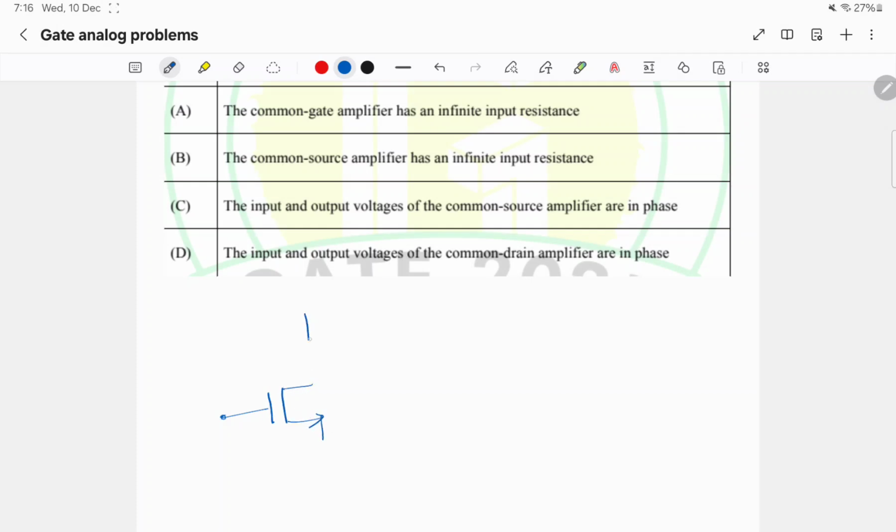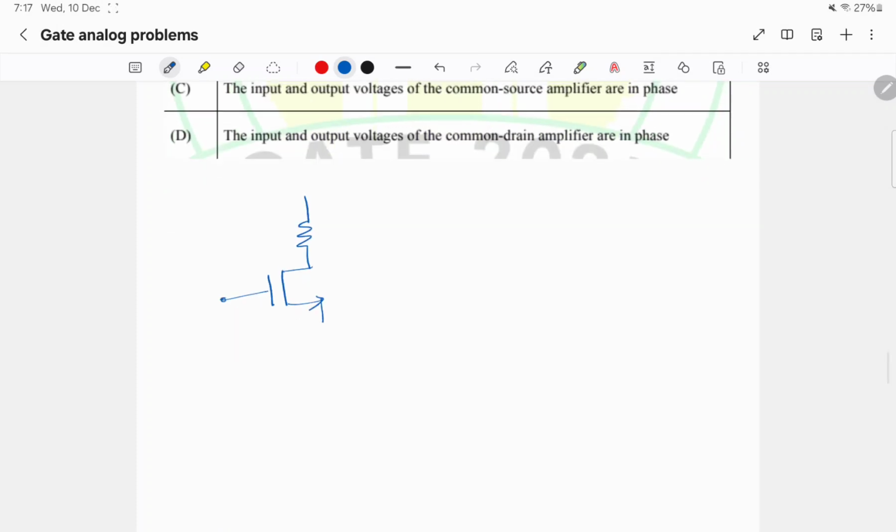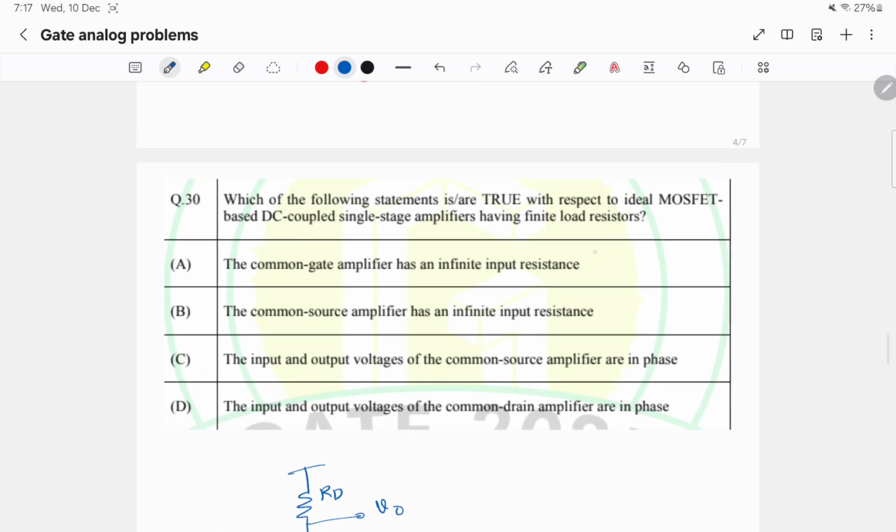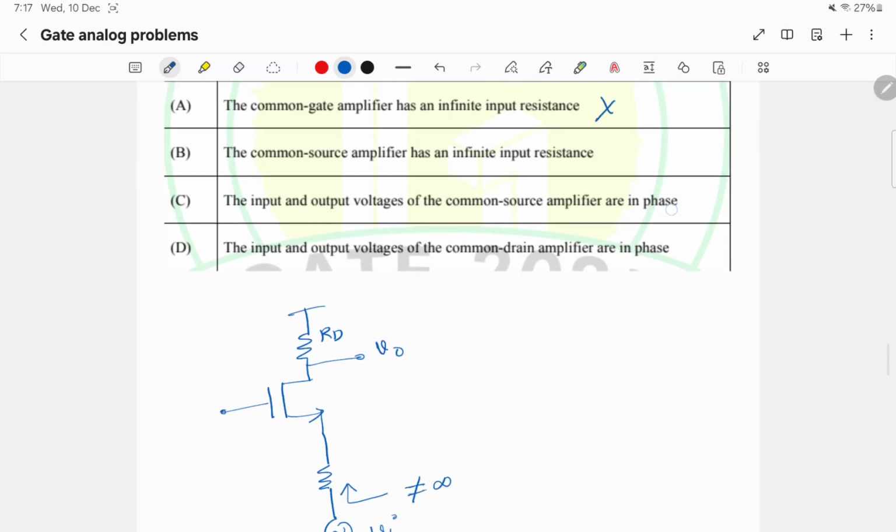Common gate will have input at source Vi and output at drain. Clearly we can see that input resistance is not infinity here. So the first statement is false.